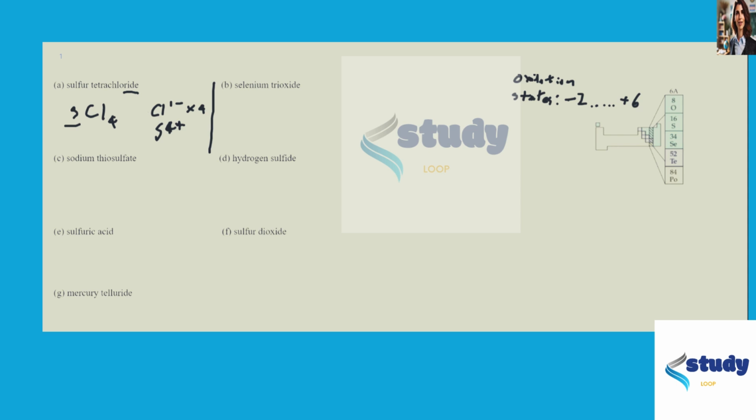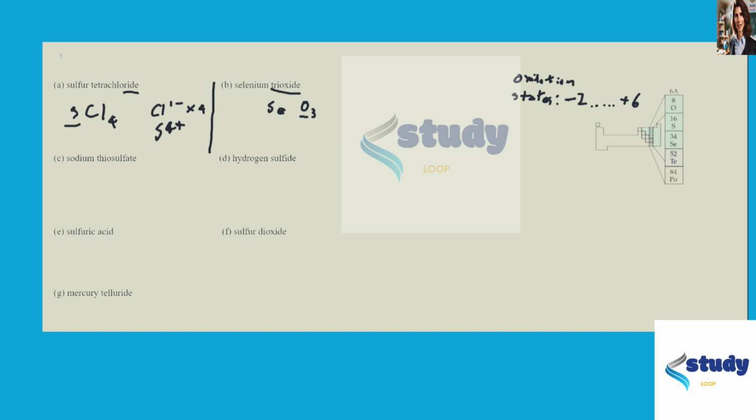Moving on to part B, we've got selenium trioxide. So we've got a selenium. And again, this is a covalent compound, so that means it's just selenium. We don't need more than 1 to maintain charge balance, for example. So it's trioxide, which means oxygen, and there are 3. In terms of assigning oxidation states, oxygen is very nearly the highest priority in most every case.